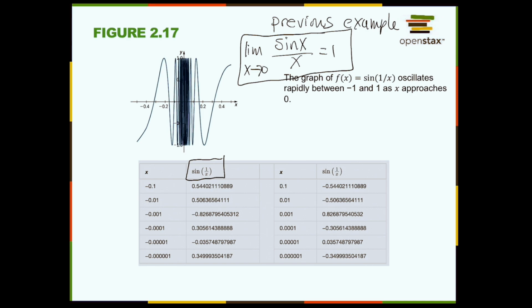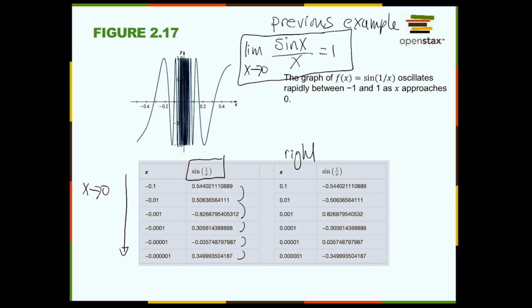Now for this new example, for the function sine of 1 over x, as x approaches 0, coming from the left, notice that the values are not approaching any specific number. In fact, they're bouncing between positive and negative numbers, so you don't see a pattern of where it's approaching a specific value.